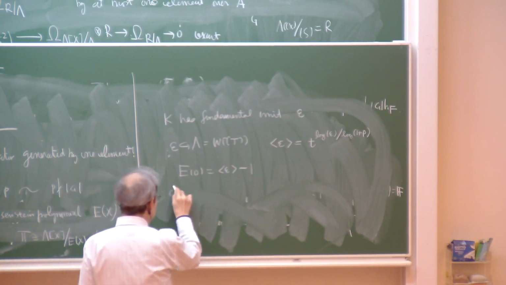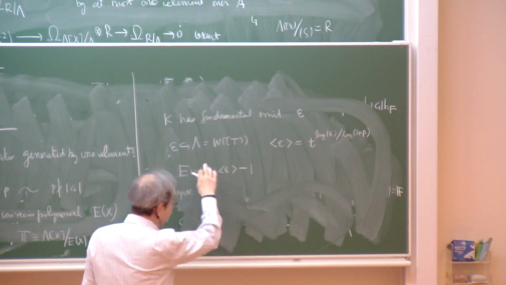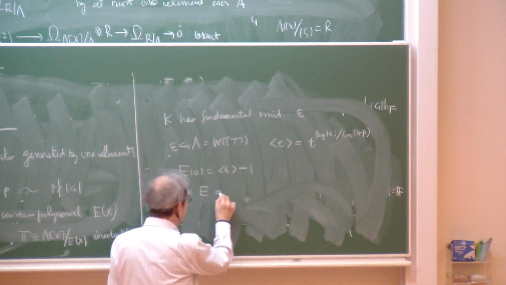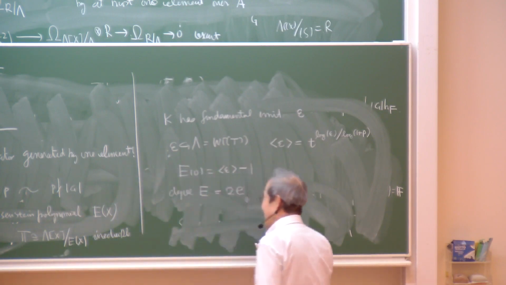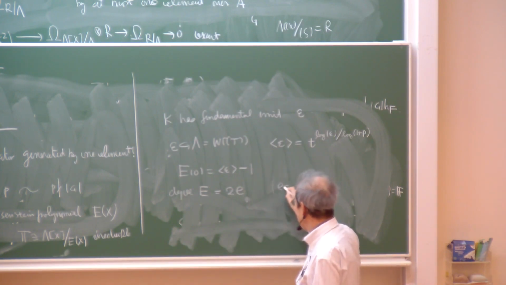So this degree of E, I proved up to here really correctly, but this degree is twice of some e. And in a paper posted on my web, I claim that e is equal to 1. So this is still a question.